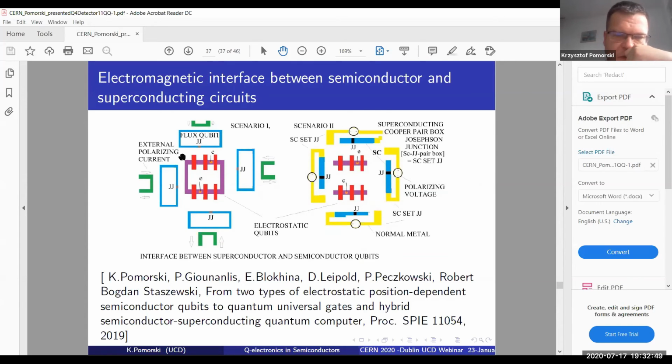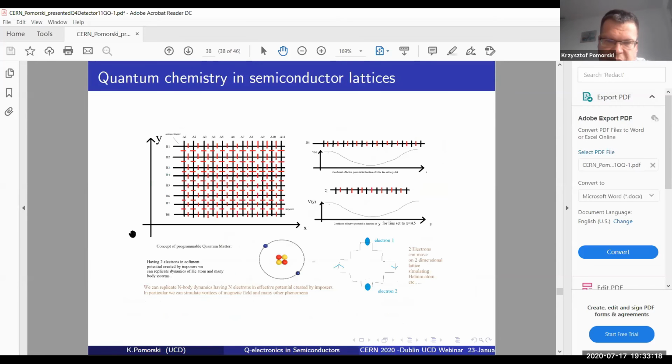Or you can create a kind of Roton-like position-based qubit, and here magnetic flux will be quantized. This magnetic flux can interact with a Josephson junction with a closed loop. So you have a superconductor that is separated by an insulator. This system interacts inductively and electrostatically with this semiconductor qubit. So you can think about such types of experiments. So that's what I have.